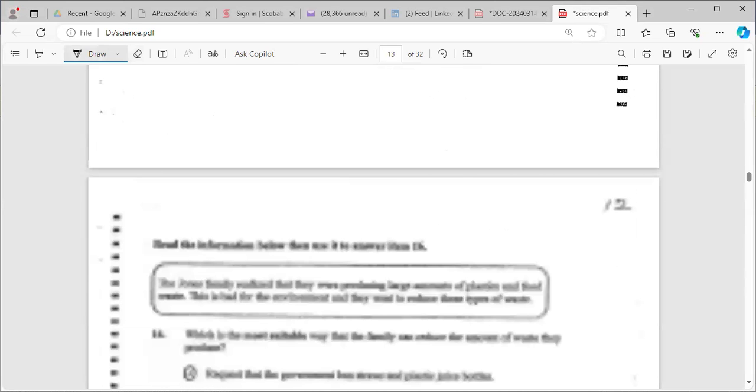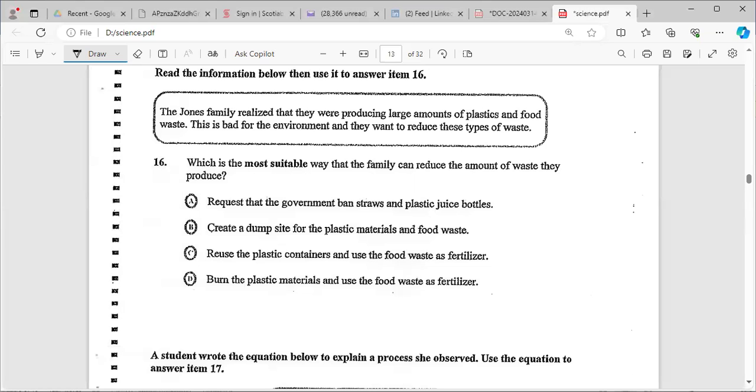Let's look at number 16. It says read the information below, then use it to answer item 16. The Jones family realized that they were producing large amounts of plastic and food waste. This is bad for the environment and they want to reduce these types of waste. Which is the most suitable way that the family can reduce the amount of waste they produce? A. Request that the government ban straws and plastic juice bottles.